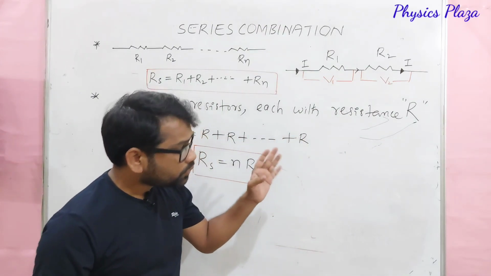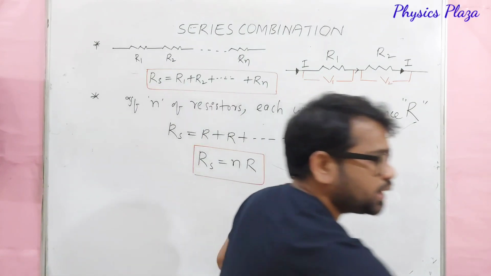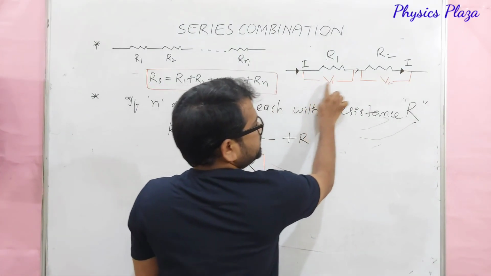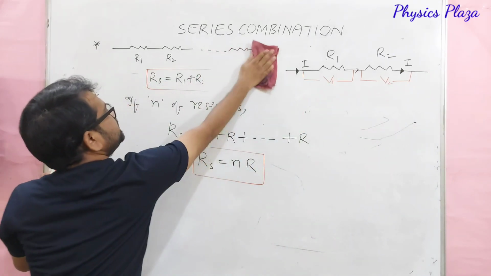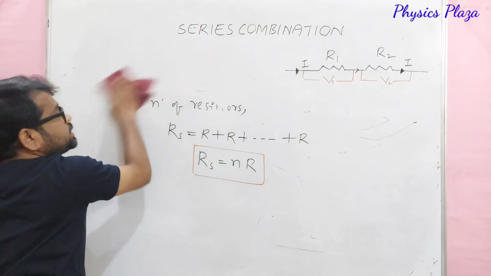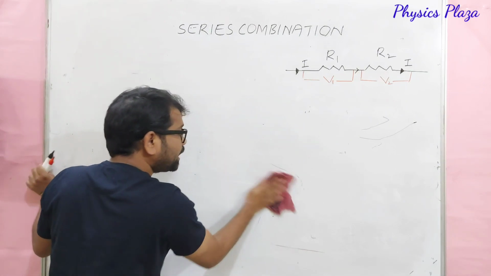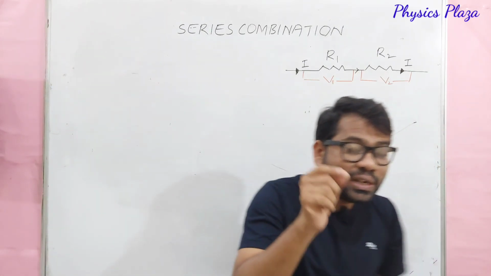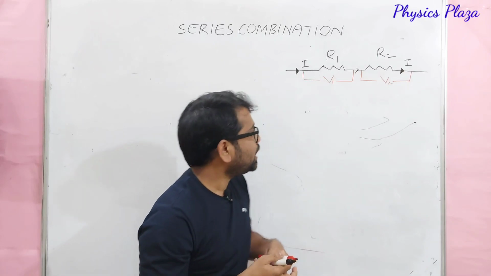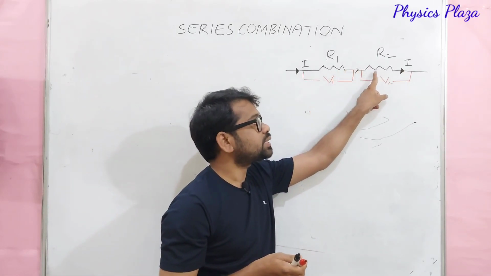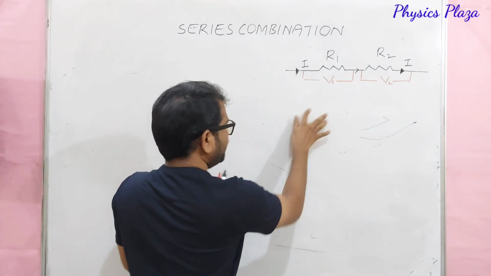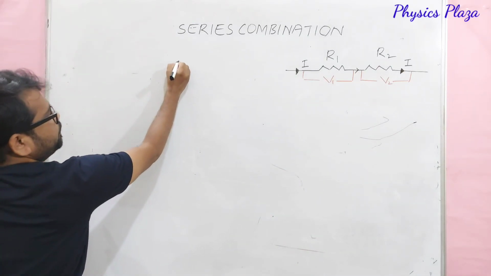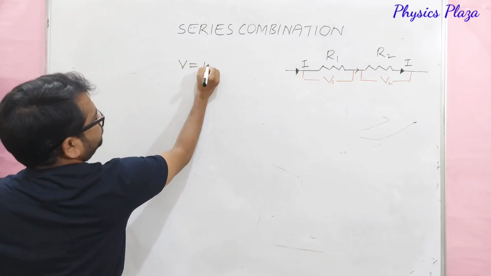Okay, children, fine. Now one more very important thing is that when two resistors are connected in series, what is happening, children? The potential difference is divided among the resistors. But here, how to calculate the potential difference across each individual resistor is very important. Dear children, according to Ohm's law, we know that V is equal to IR.